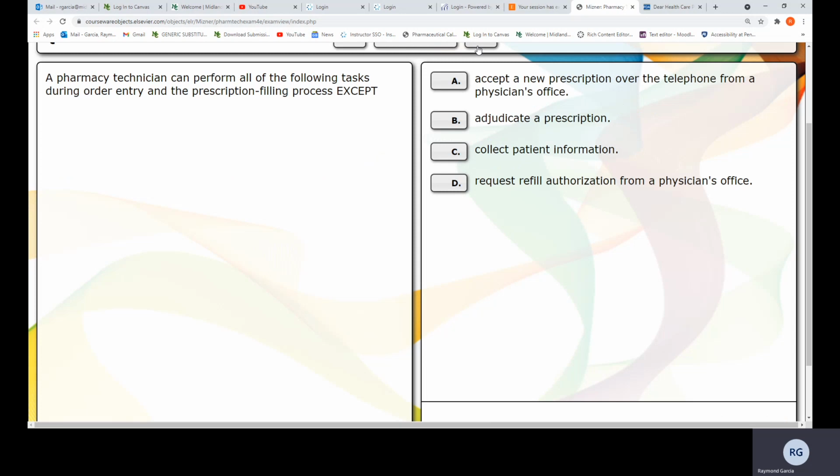A pharmacy technician can perform all of the following tasks during the order entry and prescription filling process, except: accept a new prescription over the telephone from a physician's office, adjudicate a prescription, which means to bill it under the insurance, collect patient information, or request refill authorization from the physician's office.